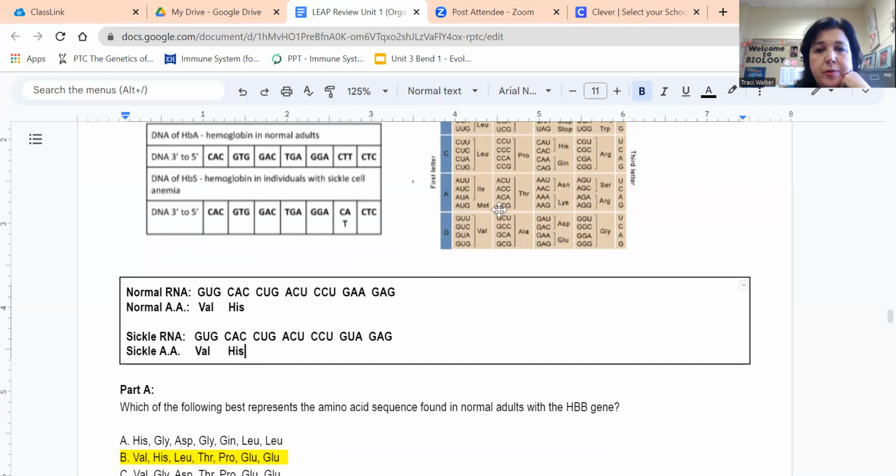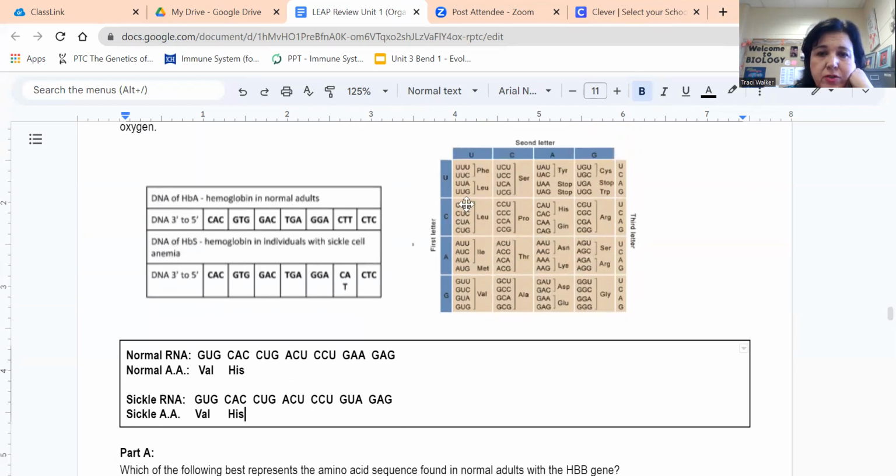So CUG, if we go up here and look at my chart, my first letter is C, second letter is U. So CUG is leucine. So I know both of these now are leucine. So I can put it in both places. And then ACU, here's A, here's C. So ACU is threonine.